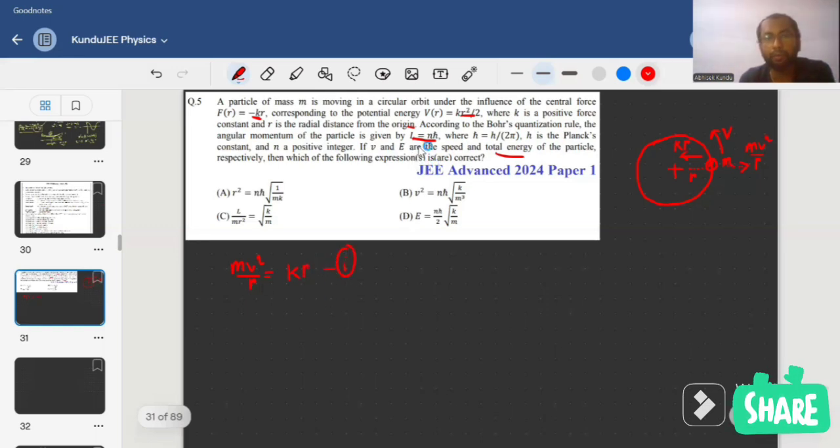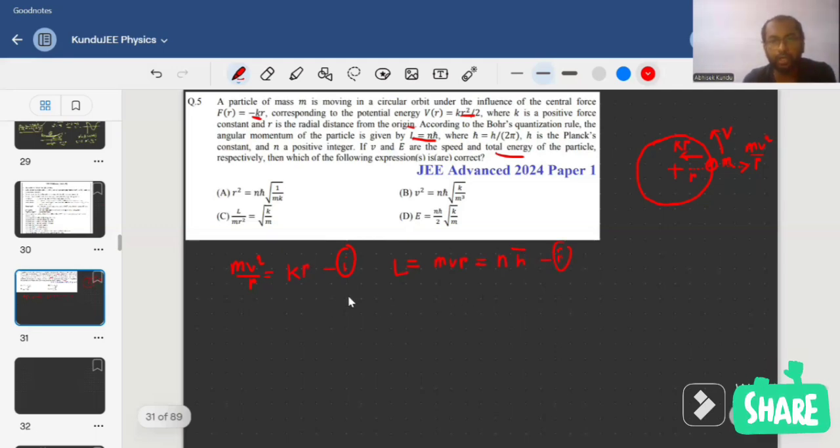Another information that is given is L equal to n h bar. L is the angular momentum. If the particle is rotating with velocity v in a circular path of radius r, mvr is the angular momentum, that is equal to n into h bar. These two equations we know.